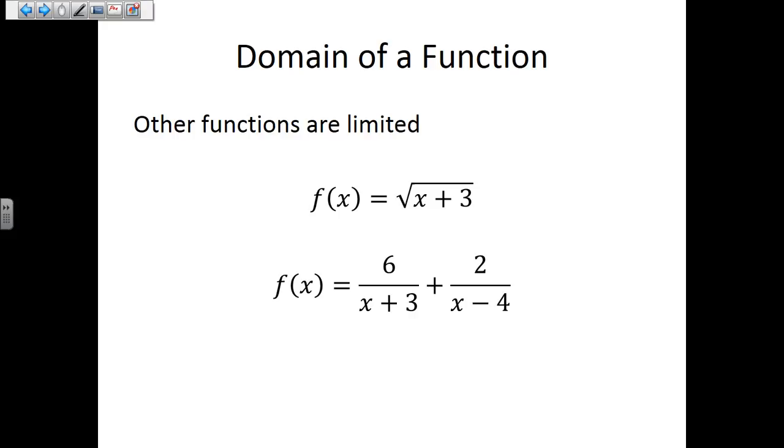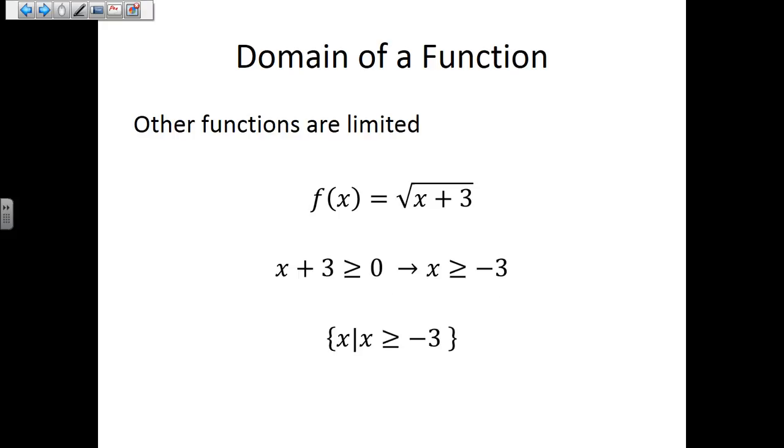So let's take a look at that square root function first. Whatever is inside the square root has to be greater than or equal to 0. Now if I solve that little inequality, I get x has to be greater than or equal to negative 3. So that is my domain.